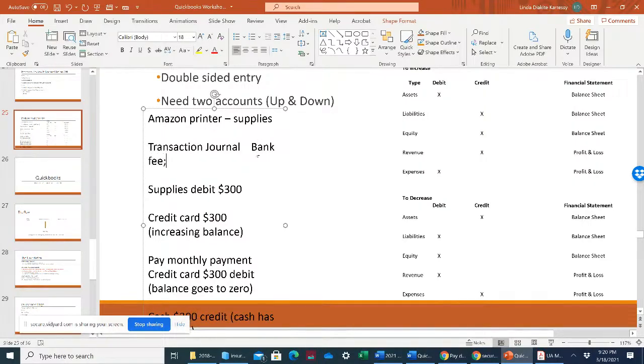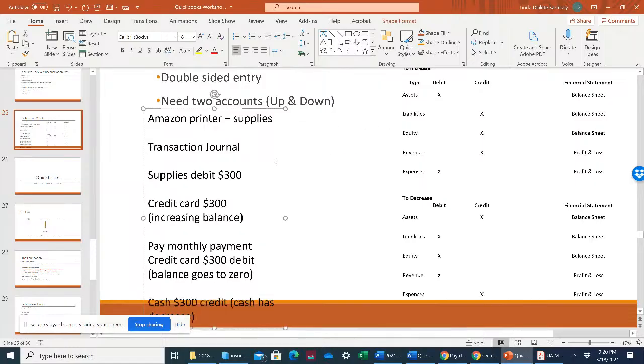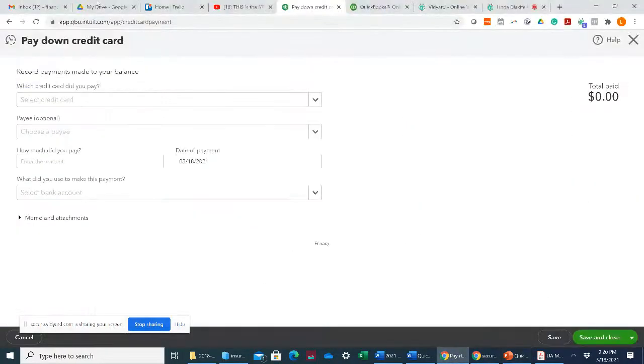Or the credit card payment would go to another business account, which is just incorrect. So many businesses were recording the payments to the wrong account.